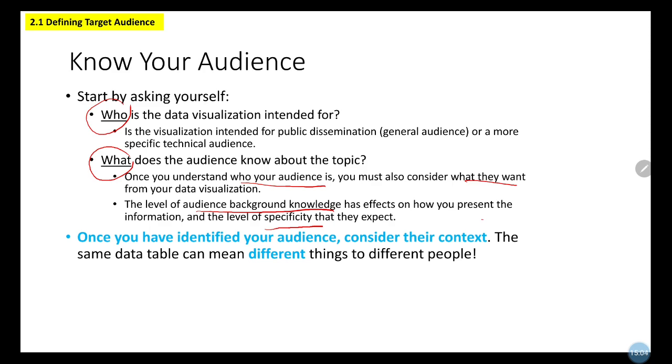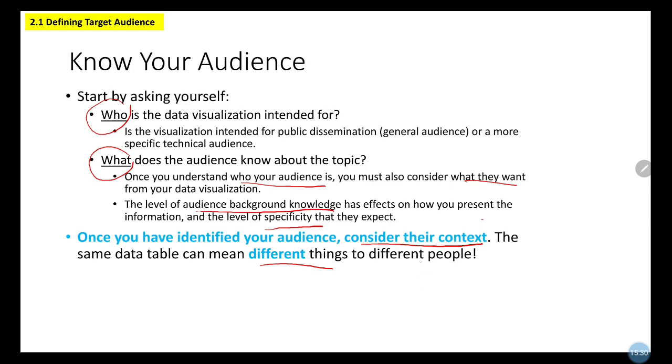Once you have identified your audience, you have to consider their context, because the same data table can mean different things to different people. So imagine you have one Excel worksheet of data in a table. If you present a visualization for different people, it will give different meaning.